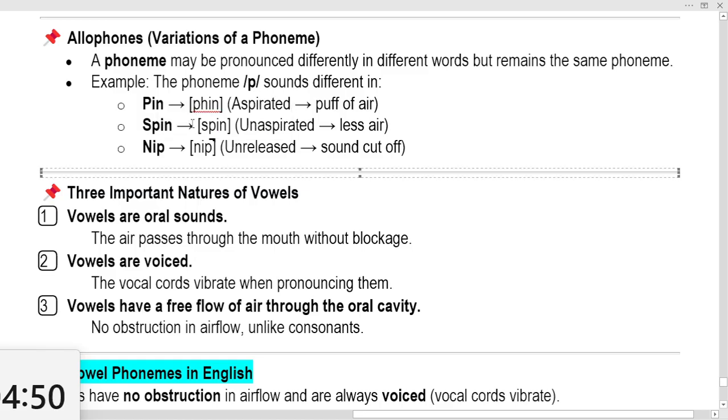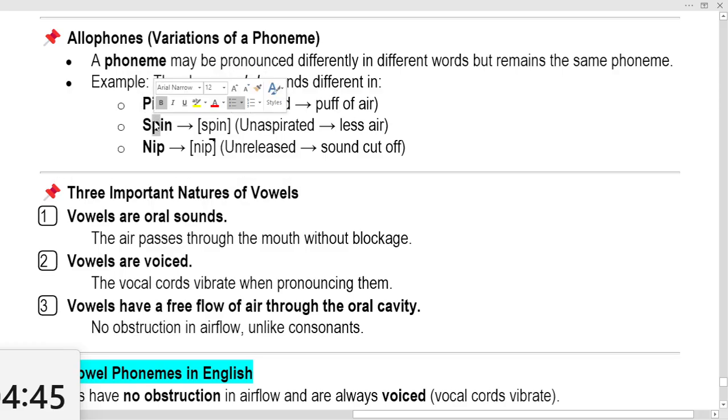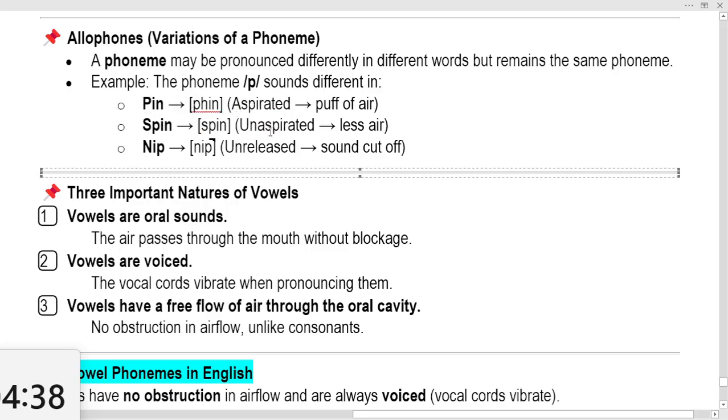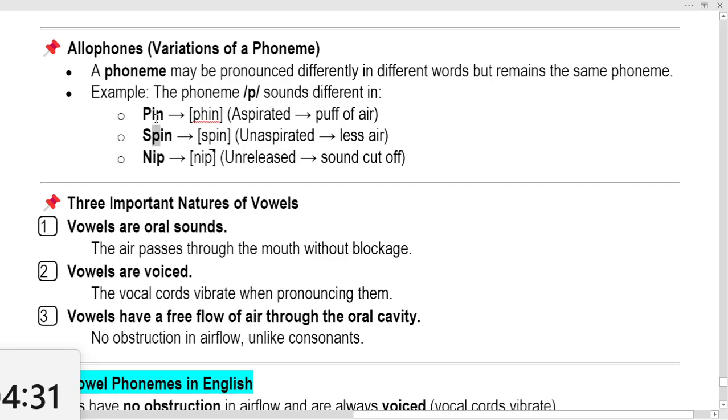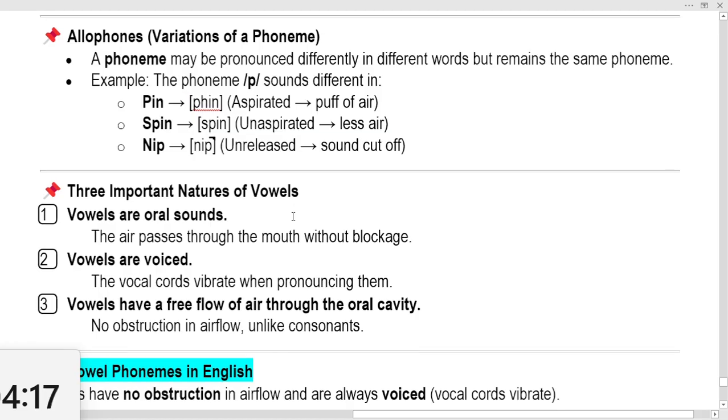So again, that's the phoneme. Same phoneme, letter P, yung phoneme natin, the smallest unit of sound, but may variation. Magkakaiba siya ng pag-pronounce. Ito parang may H, may hangin after sa P. Ito, walang masyadong air paglabas. Ito naman, cut off kasi close yung mouth mo sa letter P at the end. Nip. Diba? So that's the difference of allophones.